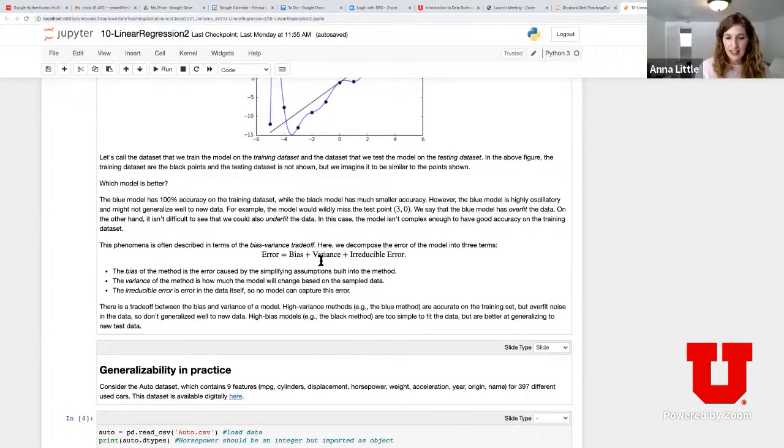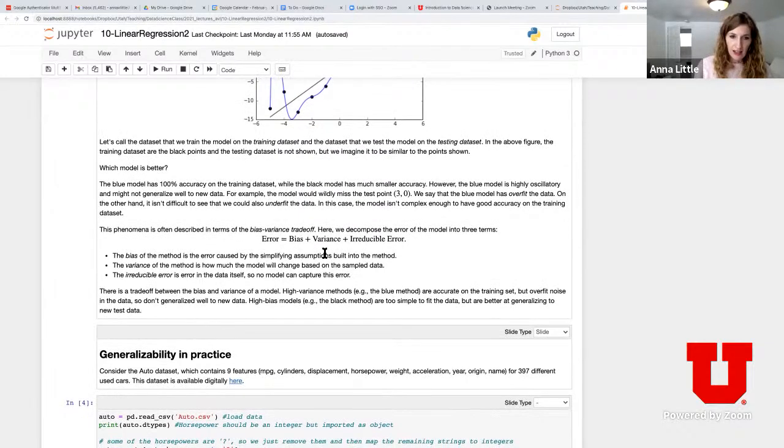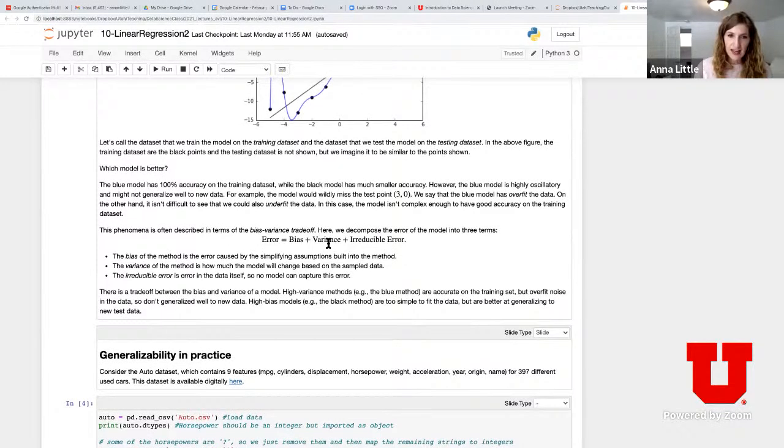So if the variance is very large, then it won't do well on the test data set. And then the irreducible error, you really can't think about generally. That's error in the data itself, which you can't really do anything about in terms of the model.